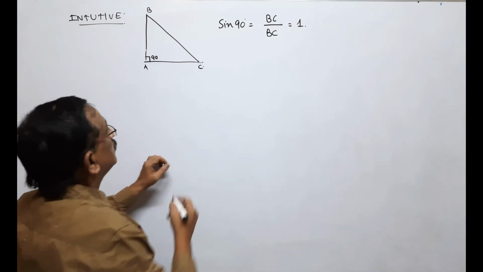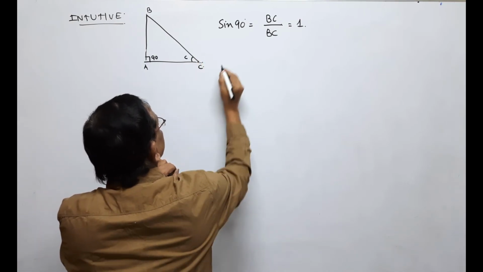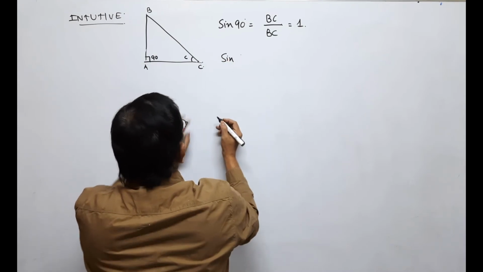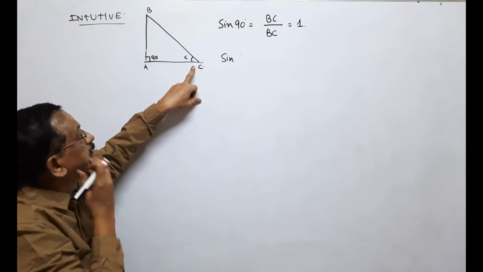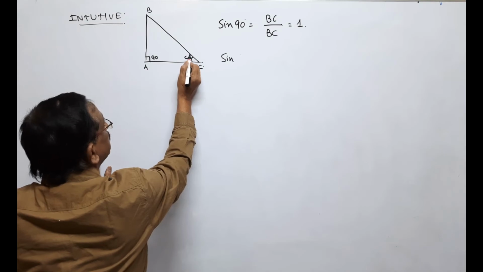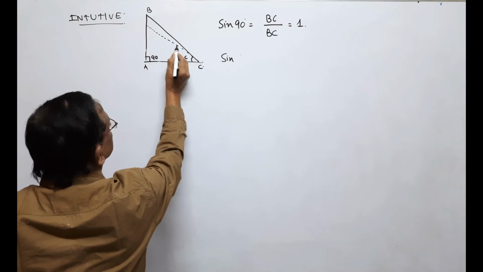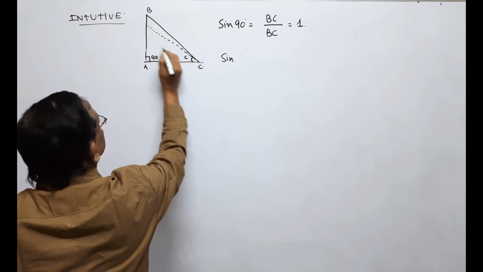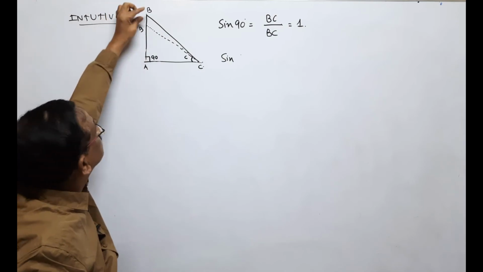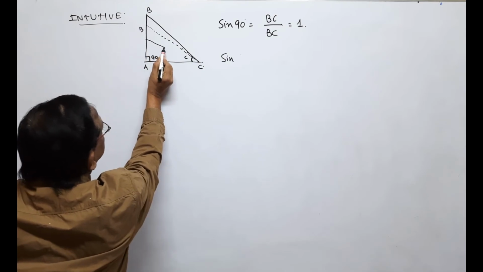Now, this is C, is it not? I would like to evaluate sine 0 where C is coming down to 0. Suppose I reduce this angle, this is B. That means B is sliding on this vertical line.